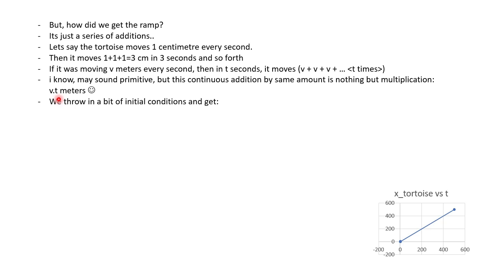It's just that if we have done the addition so many times, and if we have a memory of what t times v is, then we can just plug in that value. Otherwise we'll have to add it t times. So there is no big difference. Multiplication is just a series of additions, right? And after that we throw in a bit of initial conditions and we get something like this.